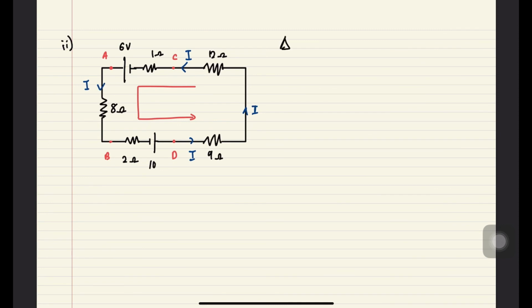If you use delta V between A and C with the further distance there, every time it goes through a resistor, it will be a negative voltage, a potential drop. When it goes through a power supply or EMF, it will be a potential gain. The idea is that for the whole loop, if you start from A and end at A, we get 0.